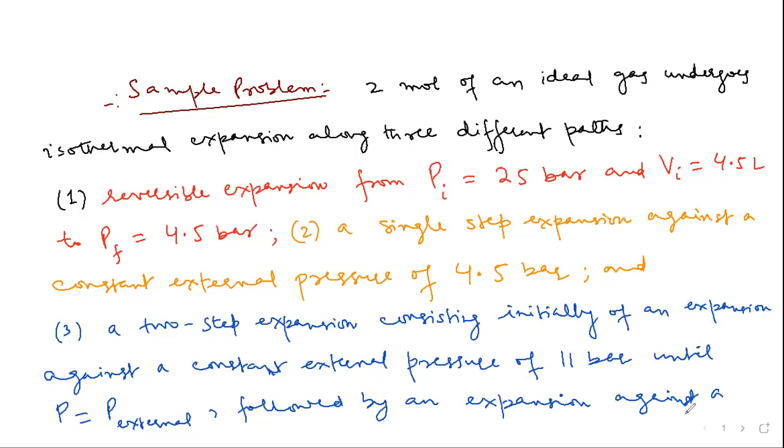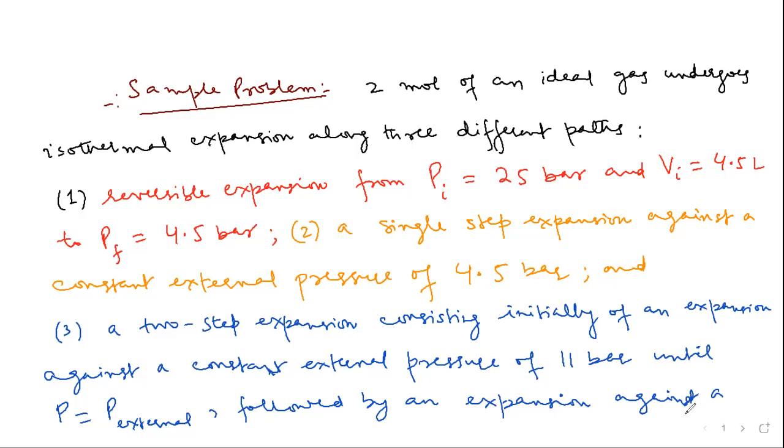First one, reversible expansion from Pi equal to 25 bar and Vi equal to 4.5 liters to Pf equal to 4.5 bar. Second, a single step expansion against a constant external pressure of 4.5 bar.